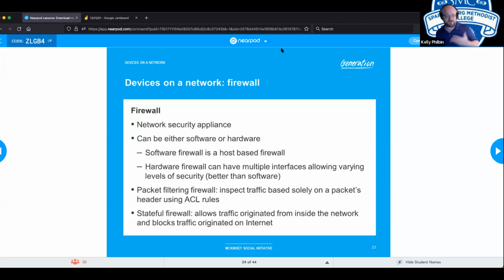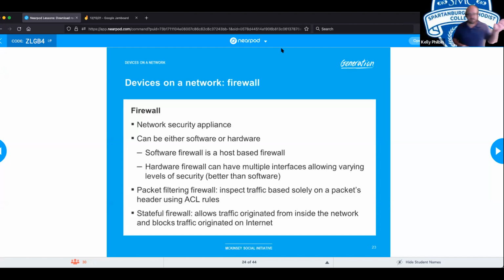So if you were in the R&D department and company Y paid you 10 million bucks for the research and you wanted to send it out through the network, the firewall would look and say, proprietary information, we're not letting it pass, and shut it down, and then possibly alert the network administrator.